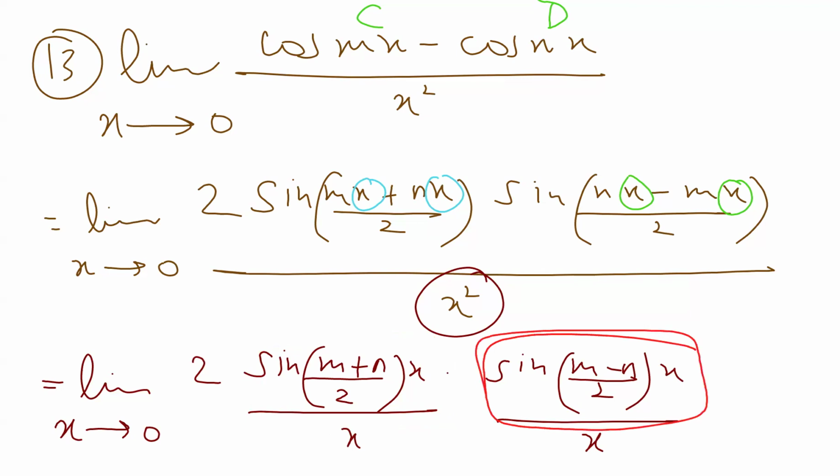This sine, the angle is m minus n upon 2 into x. X is already there. So what do we have to multiply and divide this term with? M minus n upon 2. Perfect. It should be multiplied and divided with m minus n upon 2.